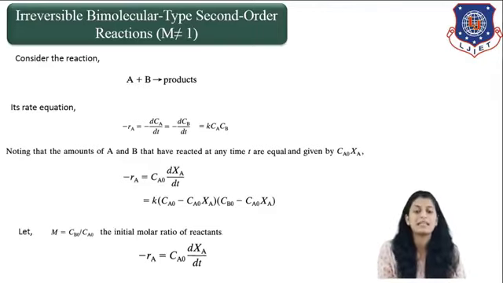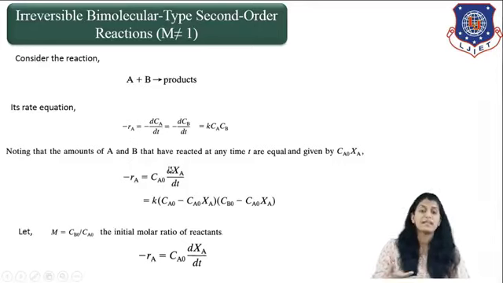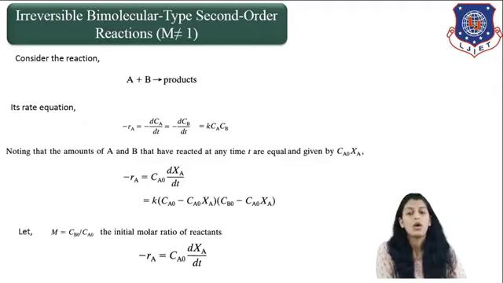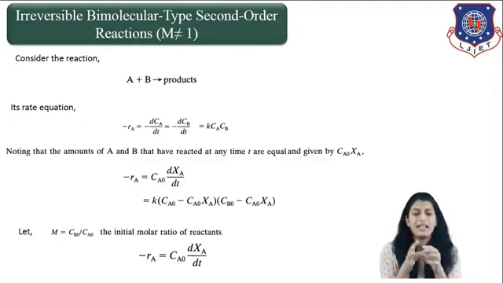Now considering the reaction A plus B giving product, we need to write the rate expression for the given reaction. So again, writing minus rA equals minus dCA by dt, which can be equated in terms of B as minus dCB by dt, which equals K CA CB, right? Now the amount of A and B that have reacted at any given time is CA0 XA.